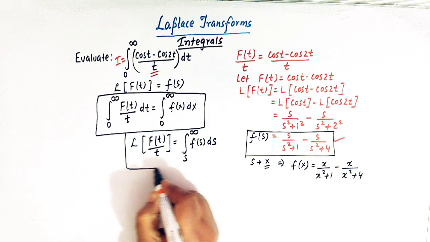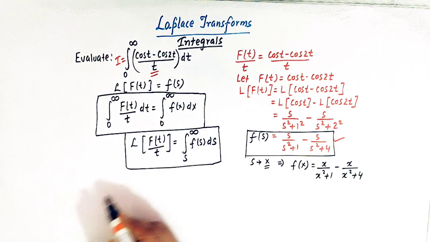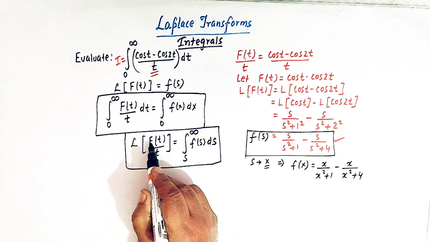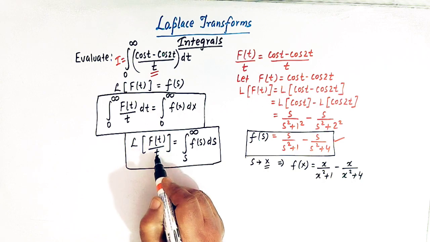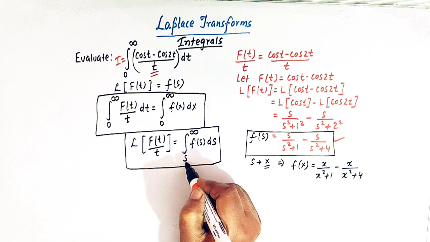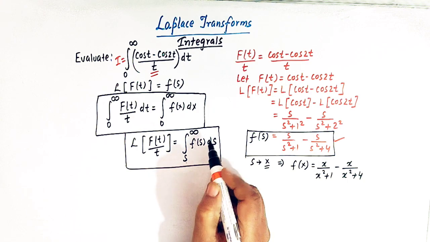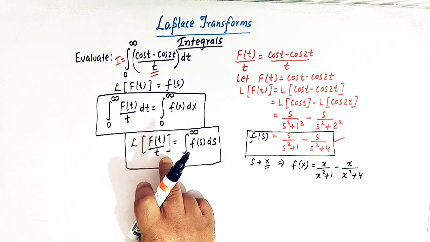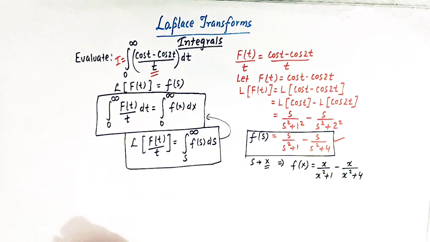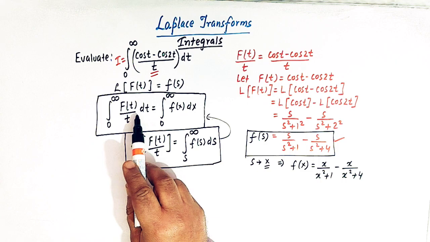So this is another important property of Laplace transform, right? And this property says that the Laplace transform of some function f of t divided by t is equal to this integral from s to infinity of F of s ds, right? And from this property we can derive the earlier property, right? But here we will directly use the earlier one.